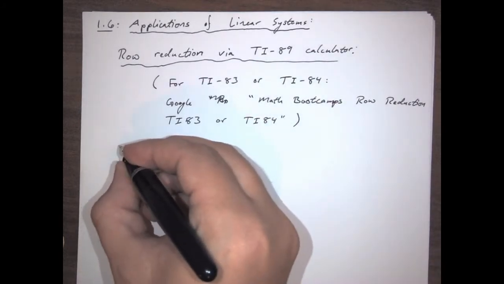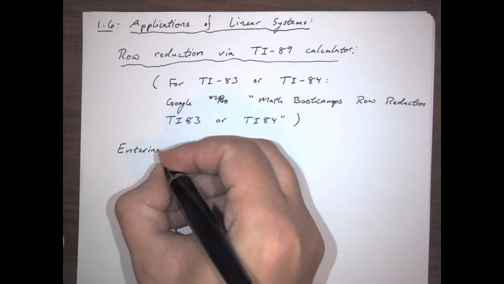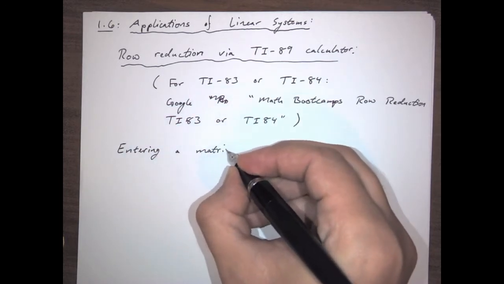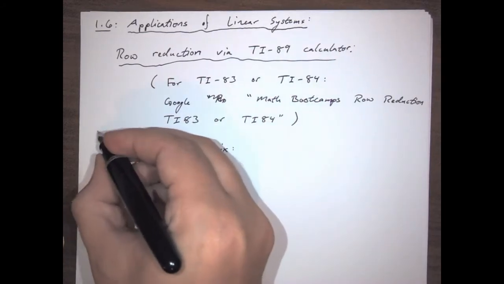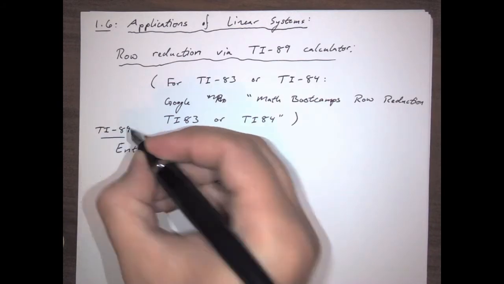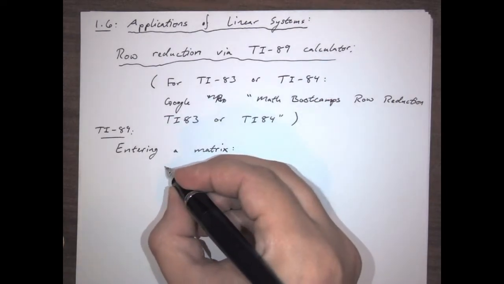So, entering a matrix: the easiest way is to use square brackets.